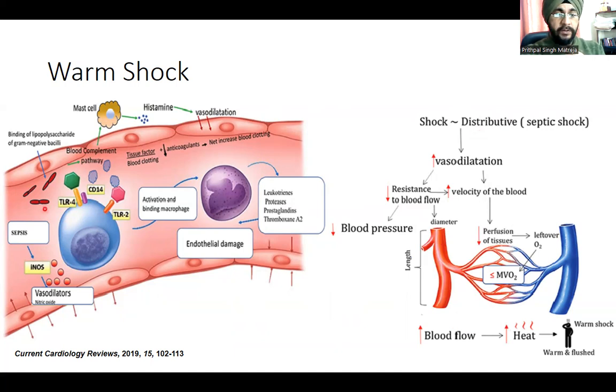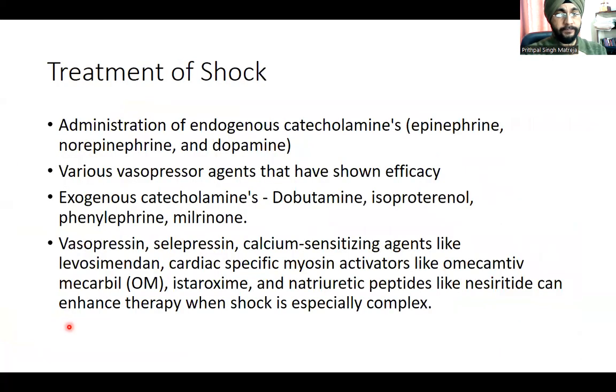There are some particular compounds such as nitric oxide that have been implicated as one of the causative agents for vasodilatation. Apart from this, there is also endothelial damage, which could be a result of release of leukotrienes, proteases, prostaglandins, and thromboxane A2, causing vasodilator phenomena, thereby leading to warm shock.